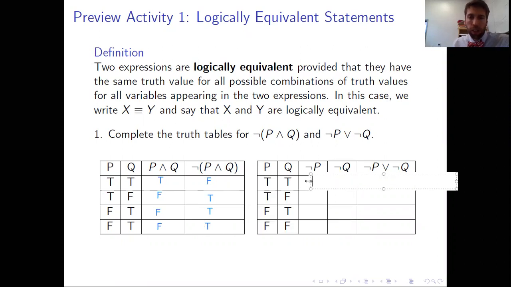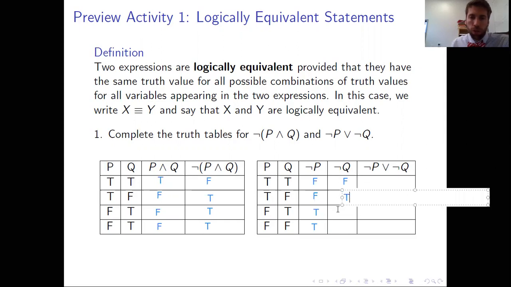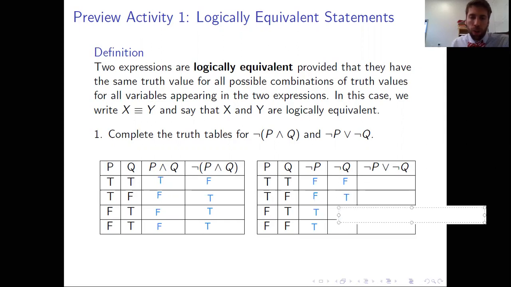Okay, so here we need to negate P and negate Q. So negating P gives us false, false, true, true. And then negating Q gives us false, true, false, true. And then OR means it's going to be true as long as one of them is true.